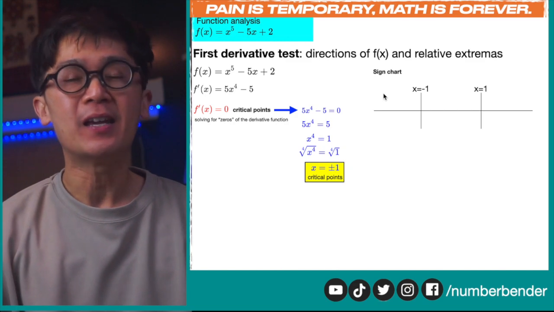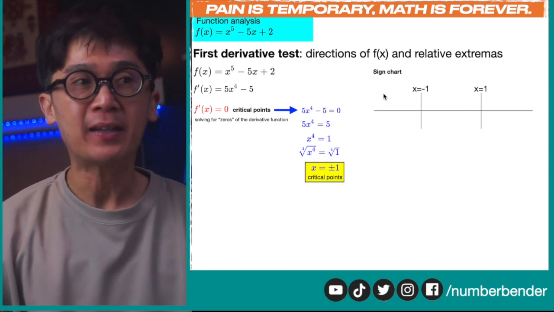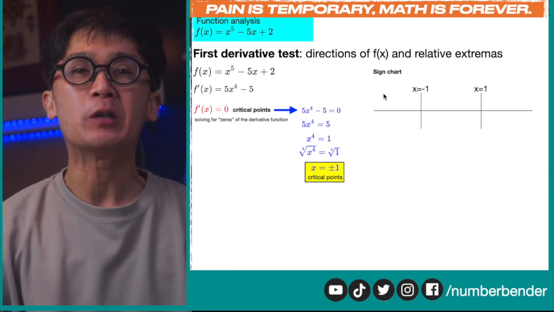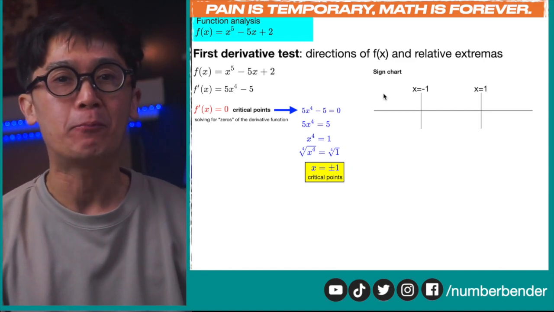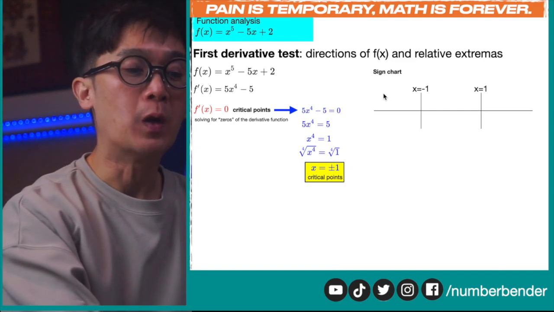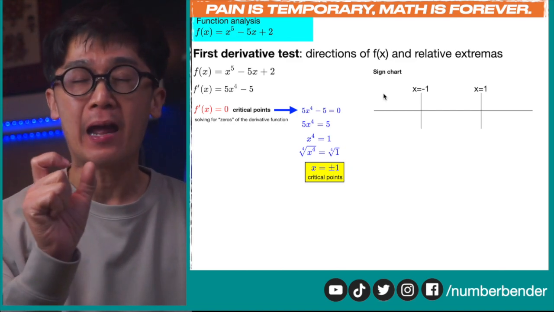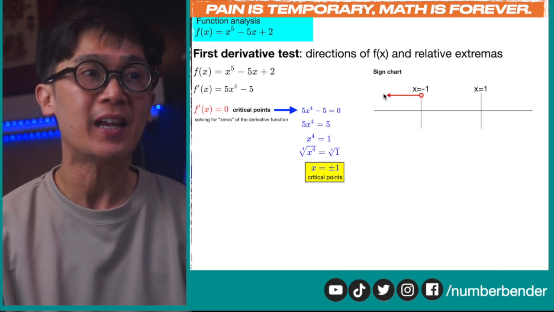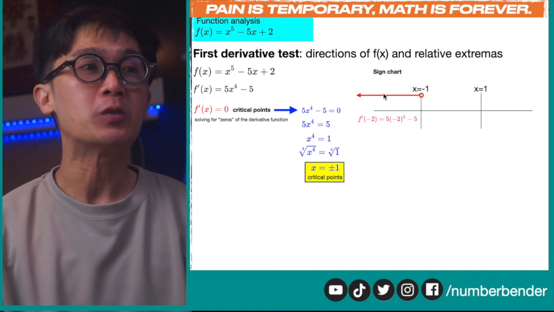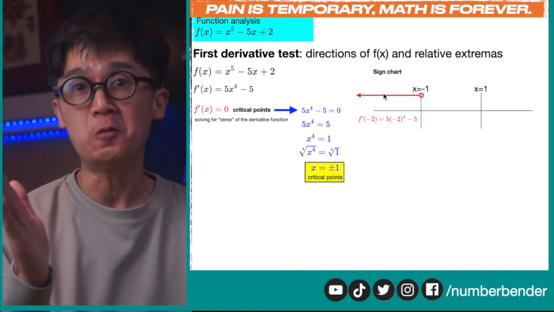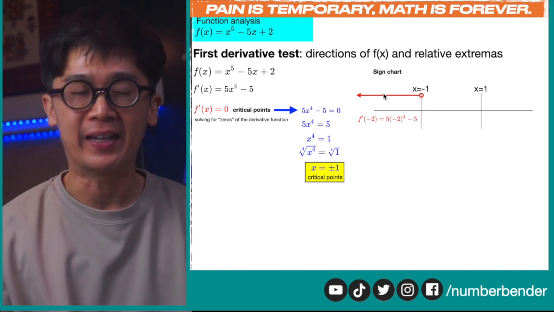So in this case, to be able to check that mathematically, we're just going to be using a simple algebraic step, which is substitution. So what we're going to do is to substitute the value of the point na gagamitin natin, and in this case, the point that I'm going to be using is negative 2 because negative 2 is to the left of negative 1.